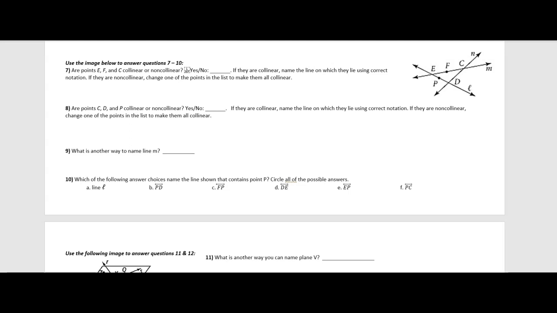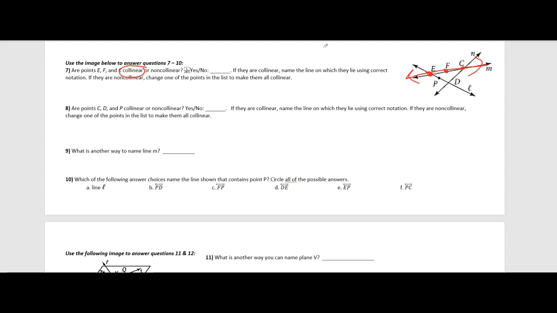So we're just going to circle the correct one. E, F, and C, let's just highlight those. E is the intersection here of those two lines, F and C. So they do all lie on the same line. So yes, they are collinear.